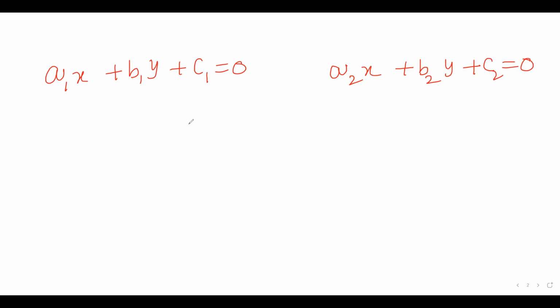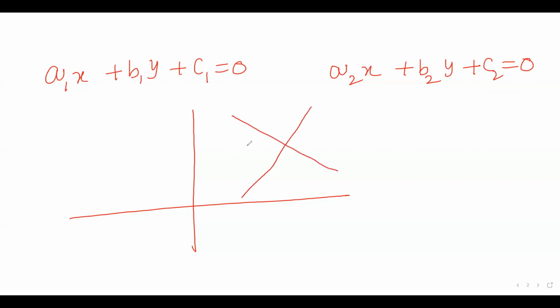If I draw the graph of these two equations, I may get both straight lines. Straight lines can intersect. This is my first straight line.